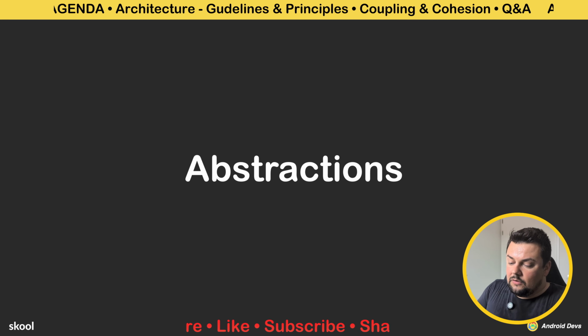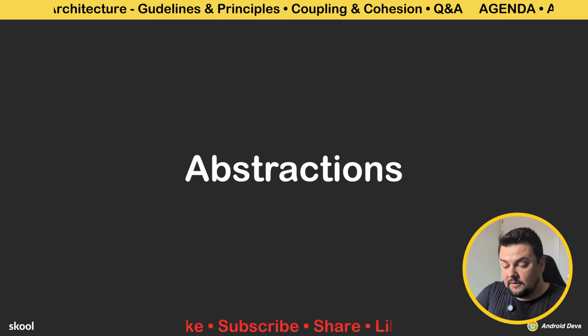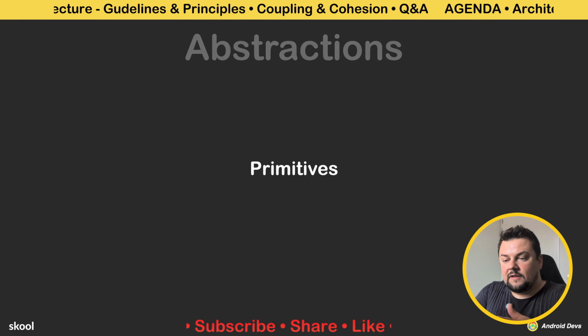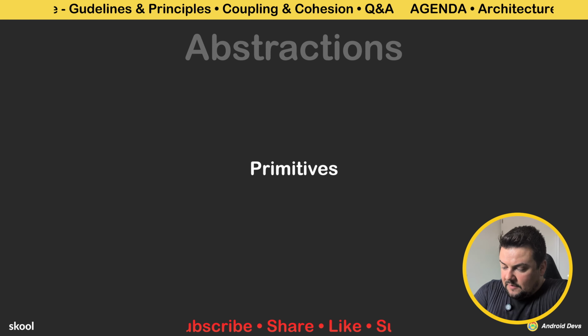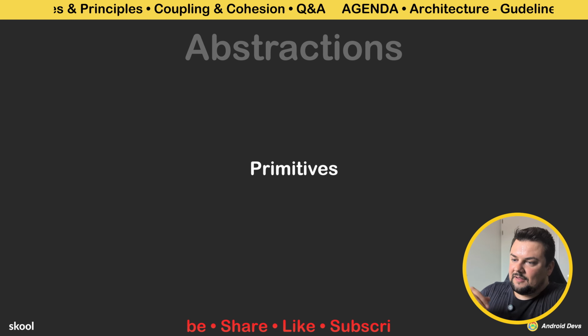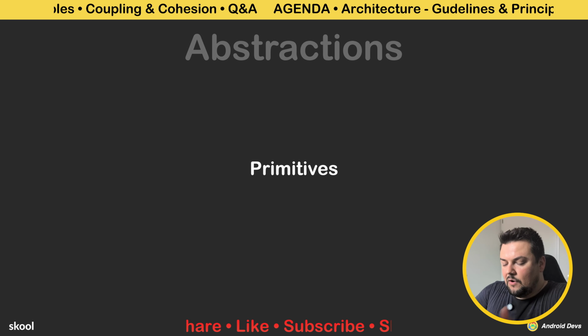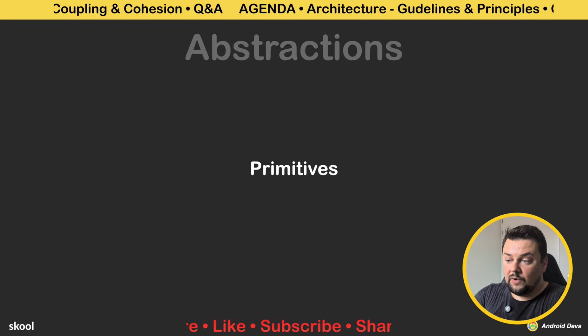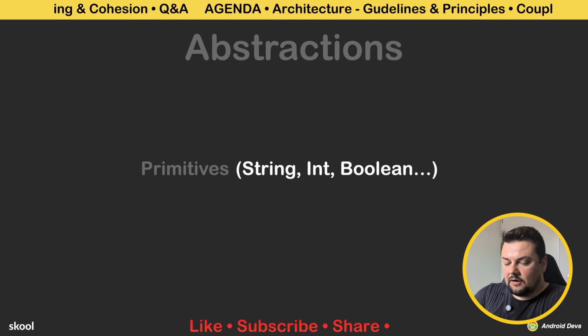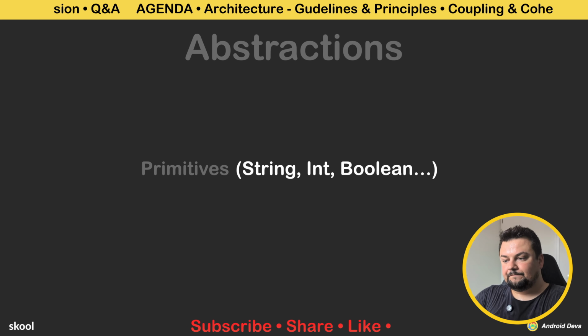When we are talking about low levels of abstraction, we can first think about primitives. Every language has primitives, and we can even boil down to references to some memory allocations and so on. But most of the time in languages, we work with primitives, and these primitives are types like string, integer, boolean, and so on.